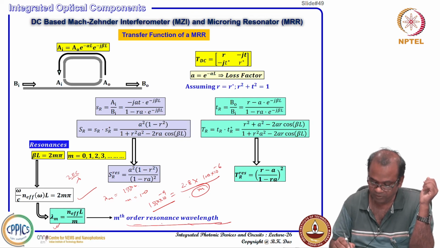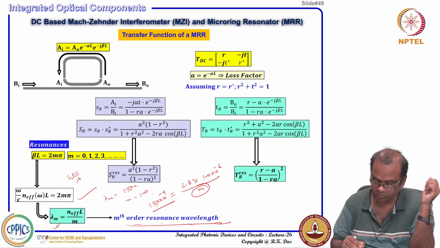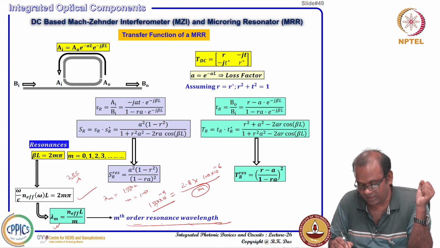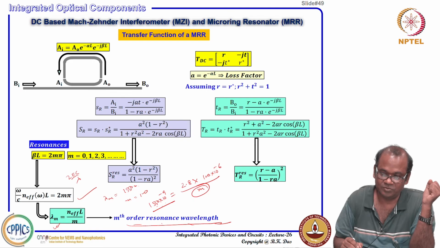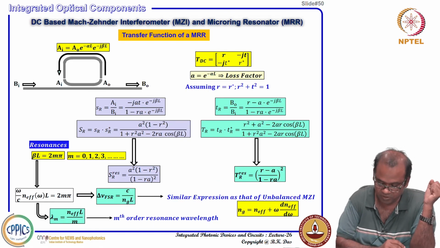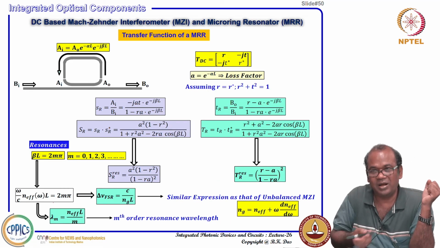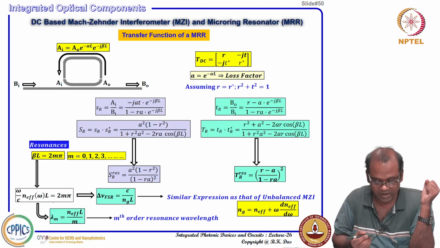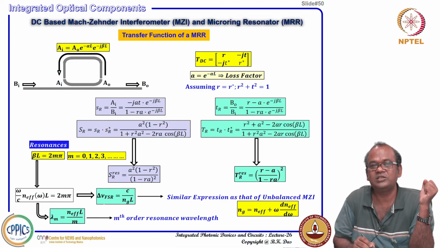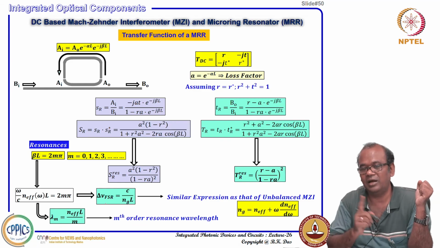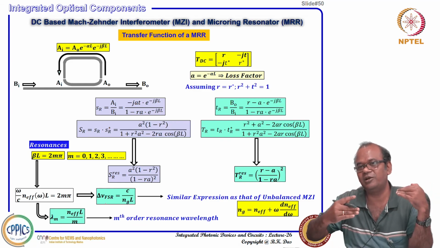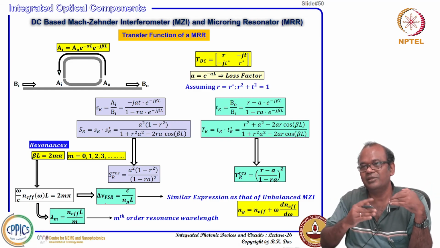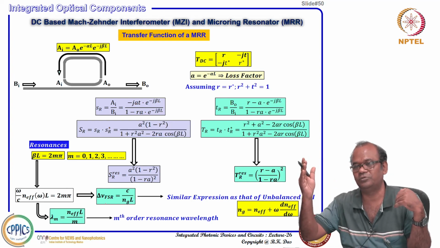Now, if I change the 1550 to something else, I can find another integer which will again be a resonance. Okay, so that you can easily find out. In the same way as I considered to find the FSR, the free spectral range: in the case of an unbalanced Mach-Zehnder interferometer there is no resonance. There we are rather trying to see where I am getting the maximum at the output.